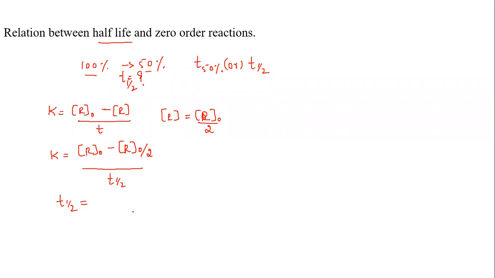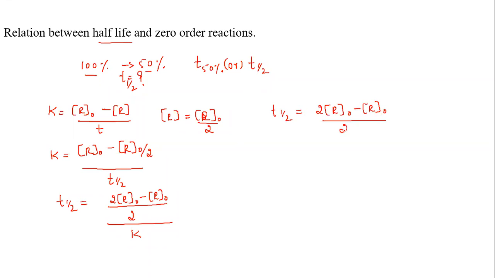2 as a LCM will take, there is no 2 here, therefore it becomes 2 into R naught minus R naught as it is, whole divided by K. Okay, now T half is equal to 2R naught minus R naught divided by 2K.